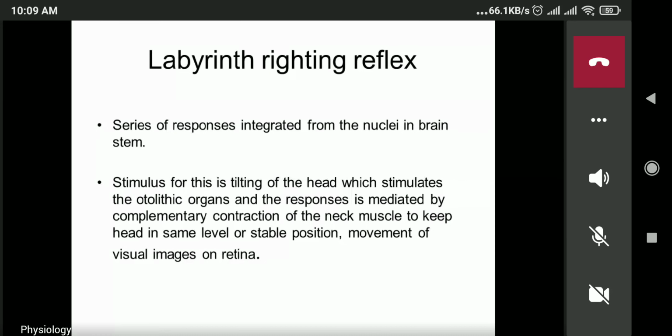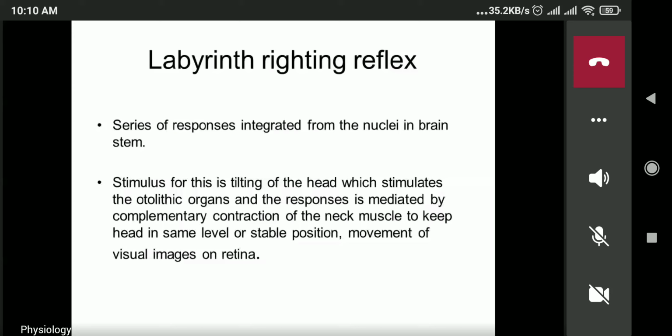When the reflex originates from those hair cell receptors, by that reflex we can keep our body in the right position and prevent a fall. That is called the labyrinthine righting reflex.